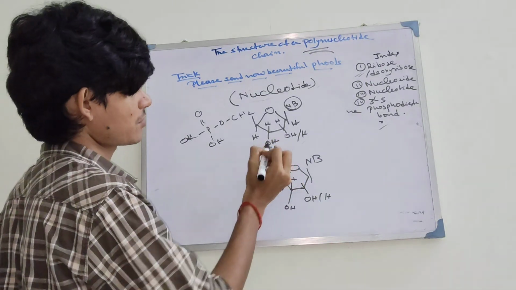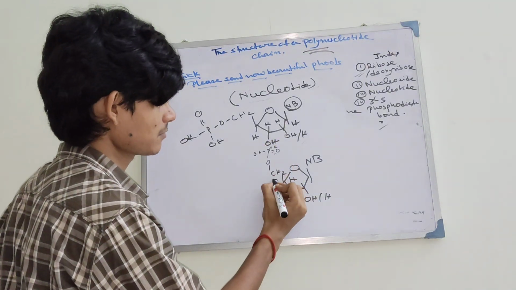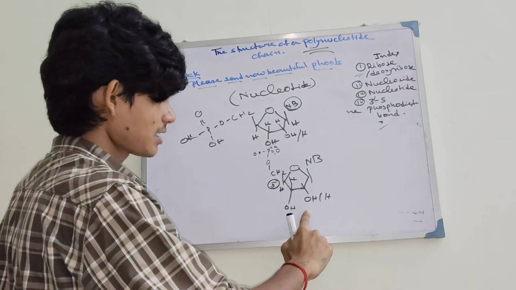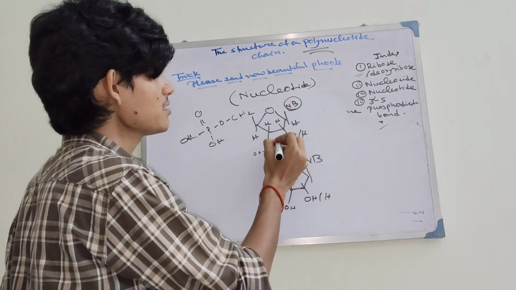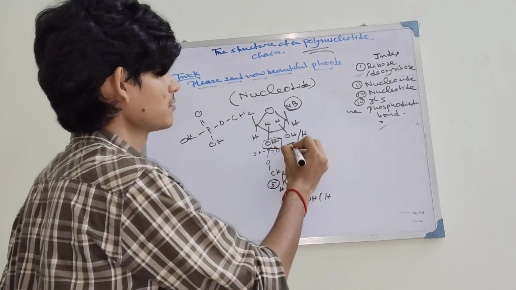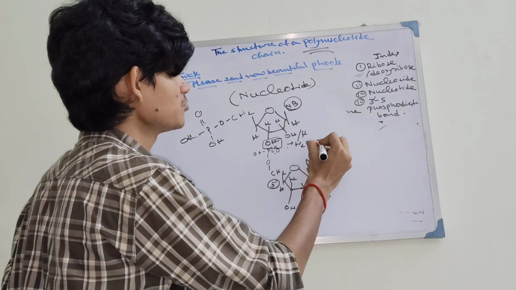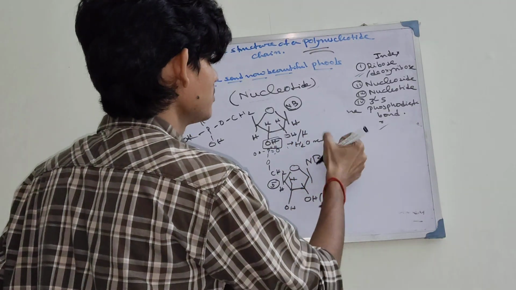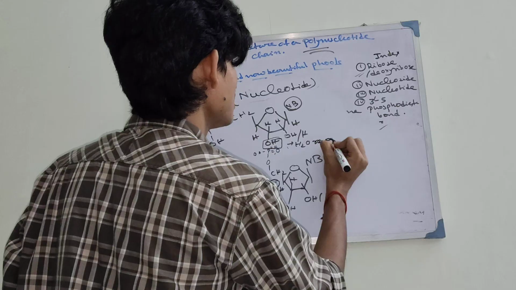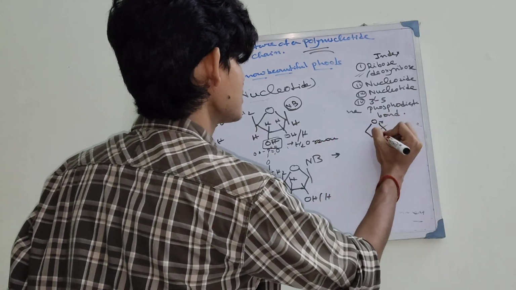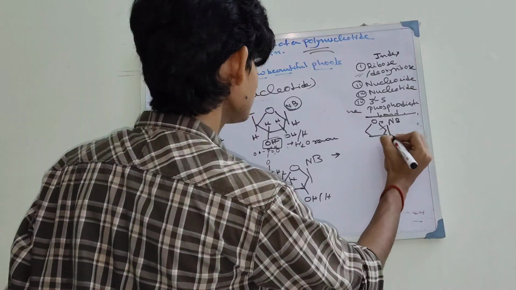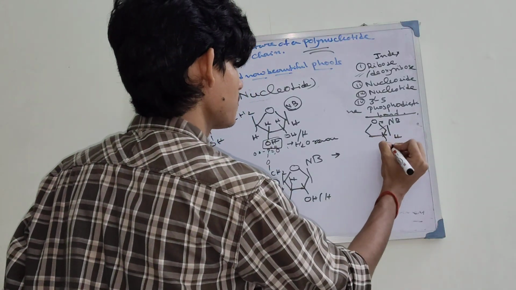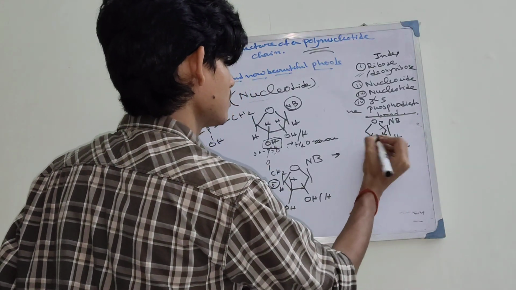So this OH of the 5 prime of one nucleotide and this OH of the 3 prime of the other nucleotide will make another bond. H2O will be removed.